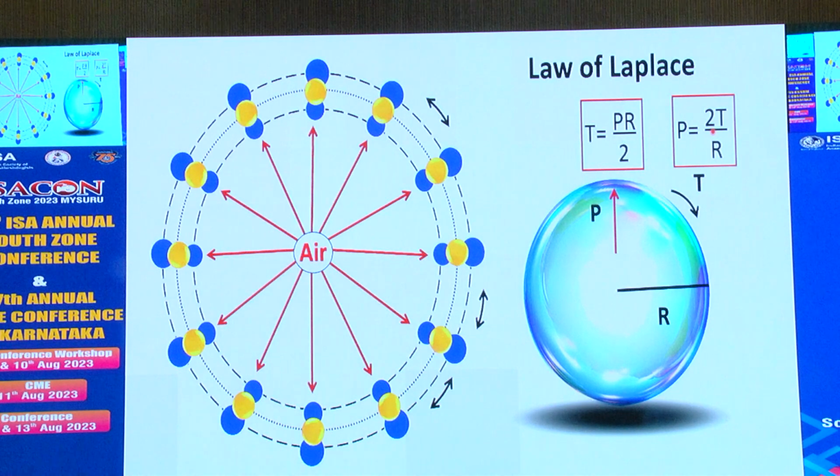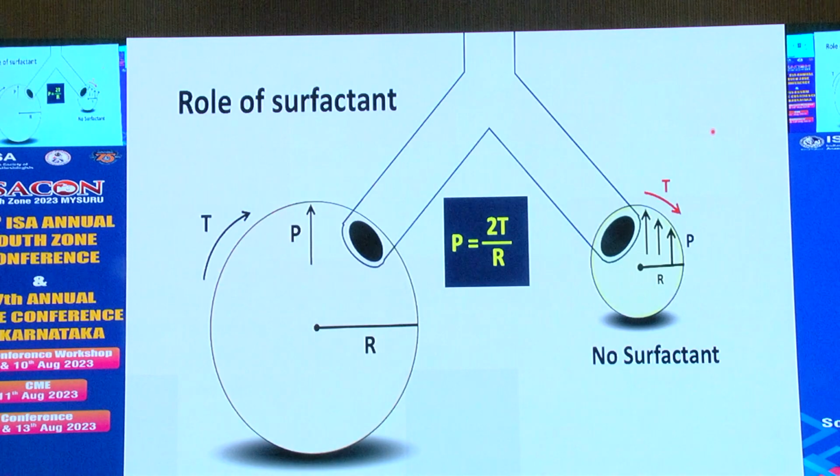Now where is this applicable in clinical practice? We look at the alveoli, where you have one big alveolus and one small alveolus. Due to differential emptying of the alveoli during expiration, according to the law of Laplace, a smaller radius means the pressure is going to be bigger.